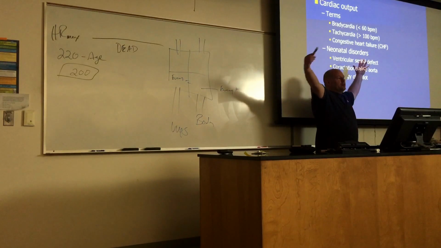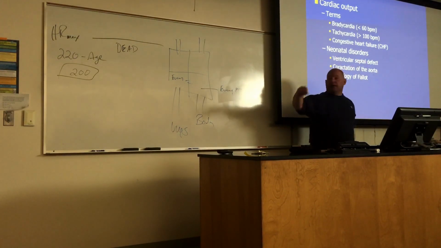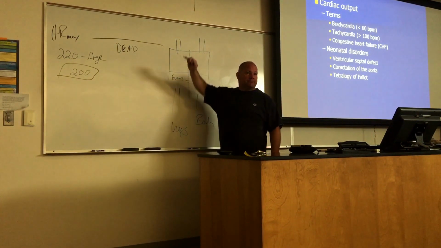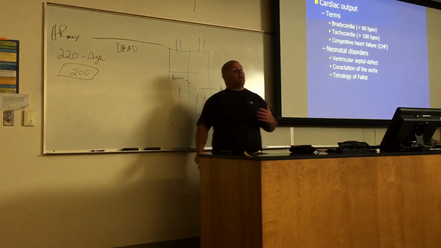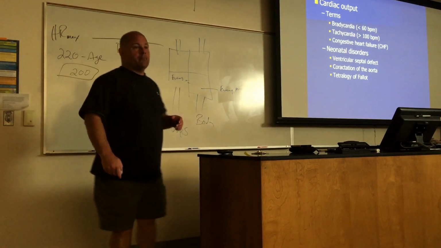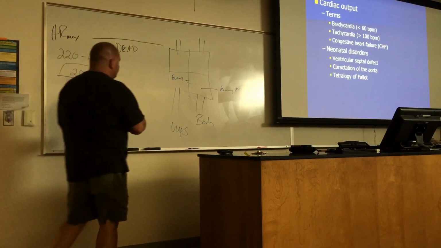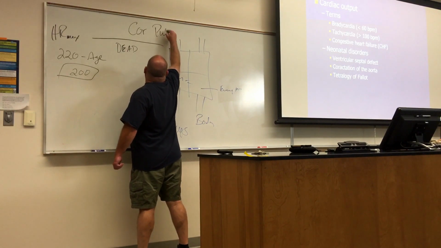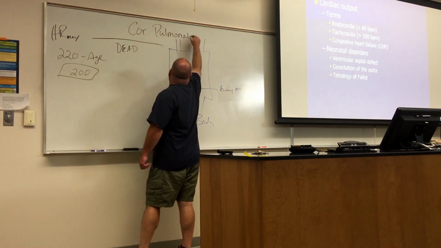But if it goes on for too long of a period of time and it's not being treated, it will cause right-sided failure because it's a circuit. Now, there is a name for right-sided failure. Okay? Right-sided failure is called cor pulmonale.